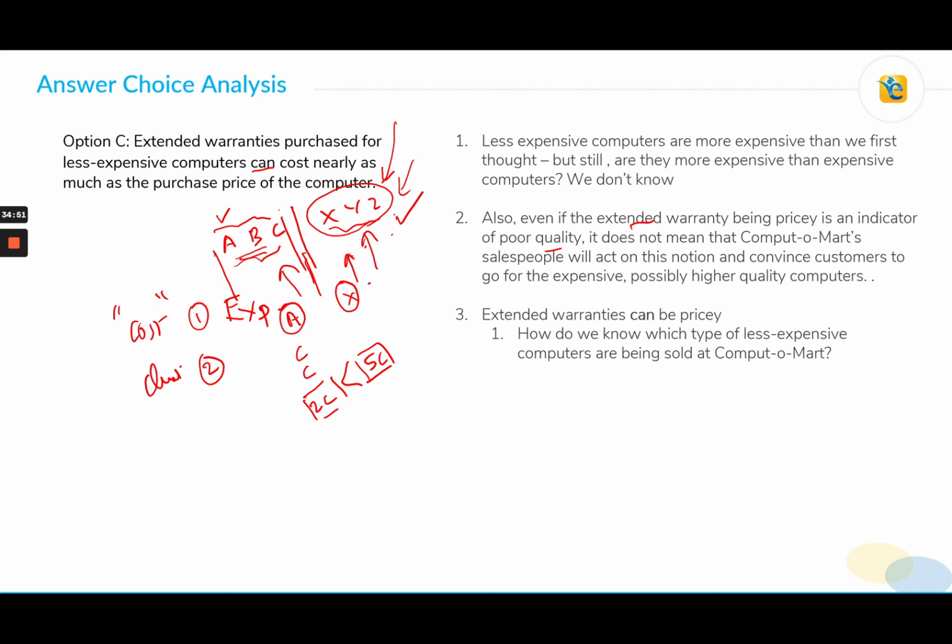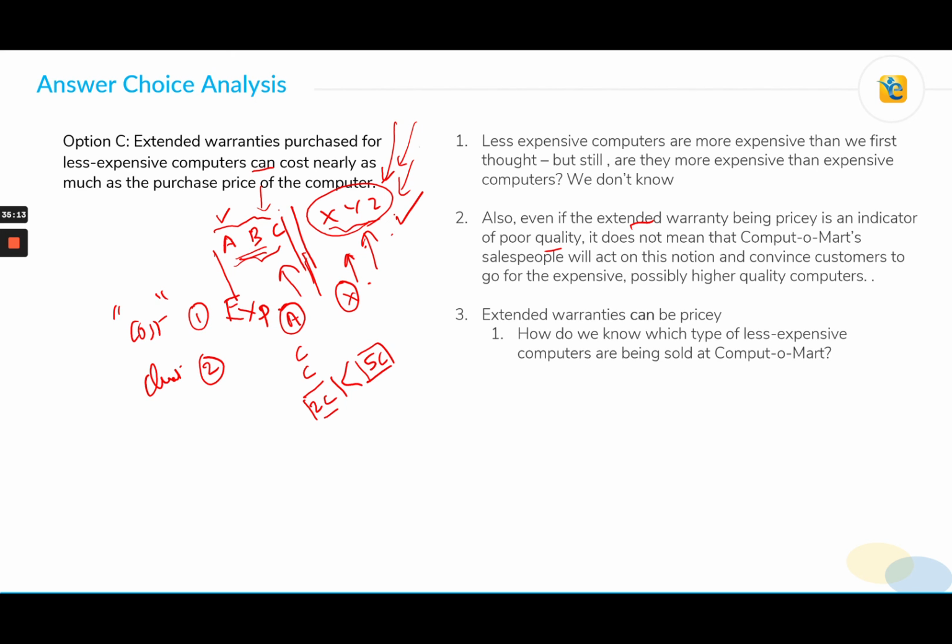For all you know, most of Comput-o-mart's customers cannot even afford XYZ. They'll be happy to buy ABC even if the quality is slightly crappy, right? So based on what option C tells you, you cannot assume that people will just automatically start buying the more expensive products, and that's fundamentally the easiest way to reject option C.